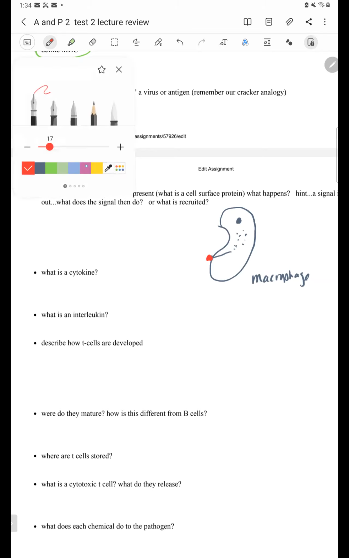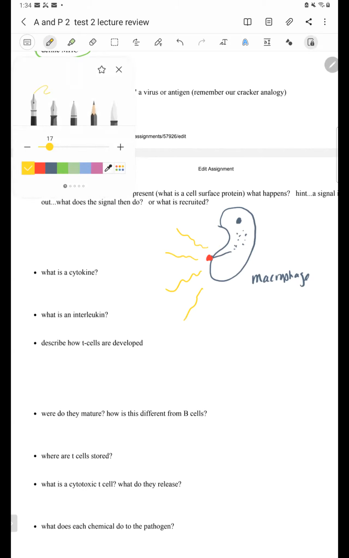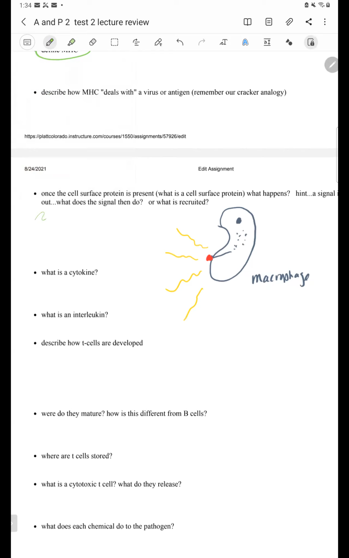All right, a signal is sent out. That's part of your chemotaxis, and it is going to bring in or recruit or activate T cells. There's the nucleus of the T cell.